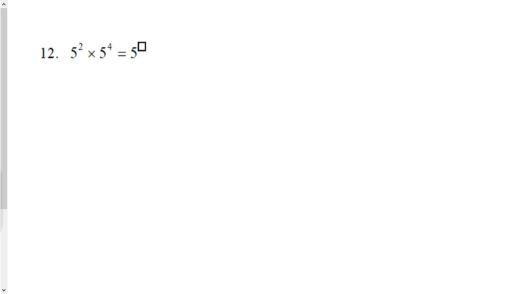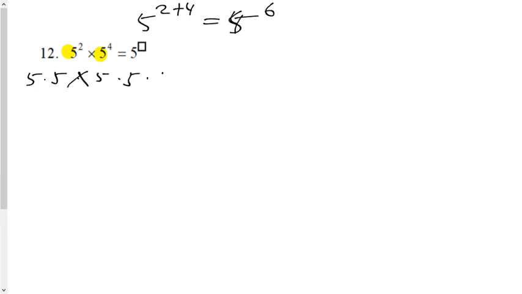Our next questions get into our power rules, our exponential form rules. When multiplying two powers that have the same base, in this case a 5 and a 5, the rule is keep your base and add your exponents to give you the answer of 5 to the exponent of 6. Here's why. 5 squared is 5 times 5, times 5 times 5 times 5 times 5.